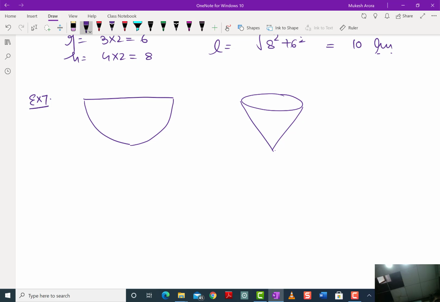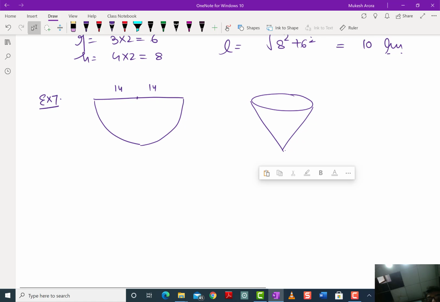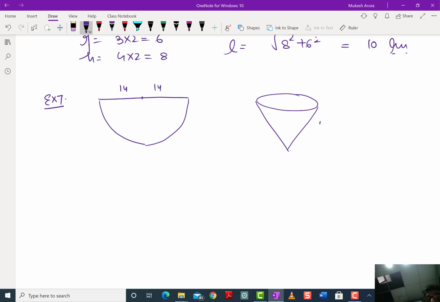This radius is 14, that will become the slant height 14, and this part, that is the circumference, that is πr, will become the circumference of this, 2πr. So π is cancelled, radius of this is 14 by 2 is equal to r is equal to 7. The radius of this will be 7.